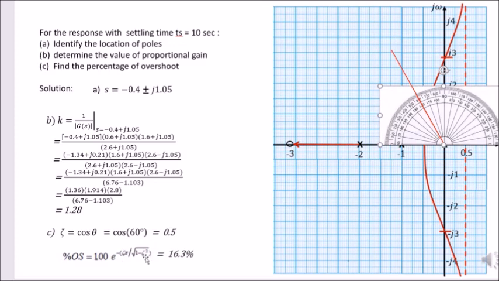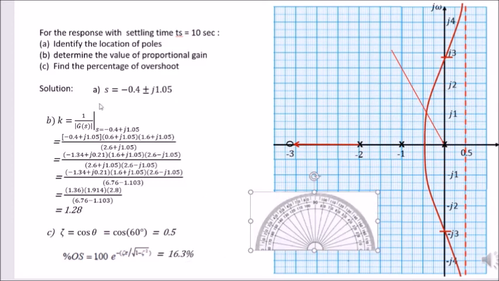As you can see, it depends on the value of zeta. So we just substitute this value of zeta in this formula, and after we solve this, we get the percentage of overshoot for this system at this point, which is 16.3%. Okay, hope you can understand this example. Thank you.